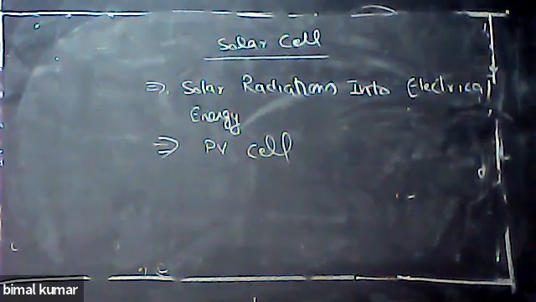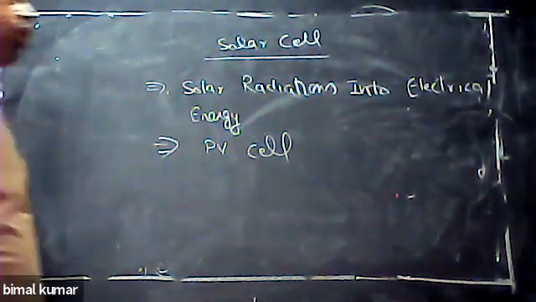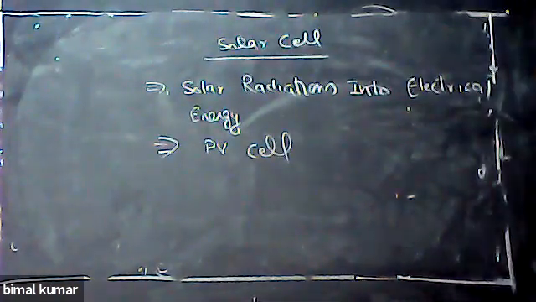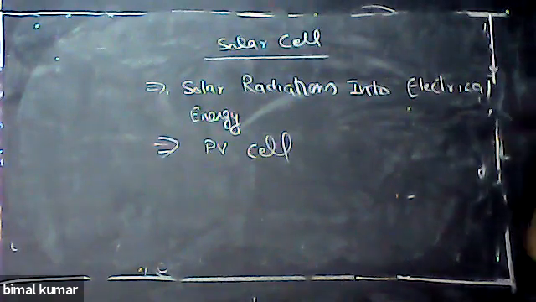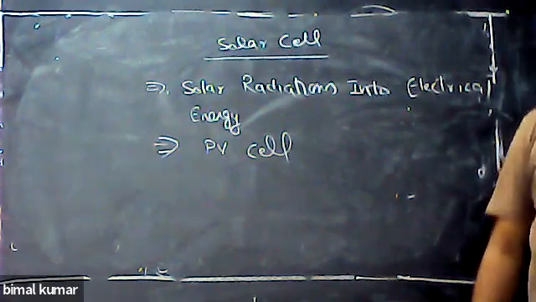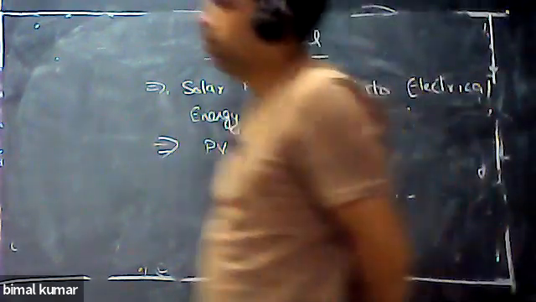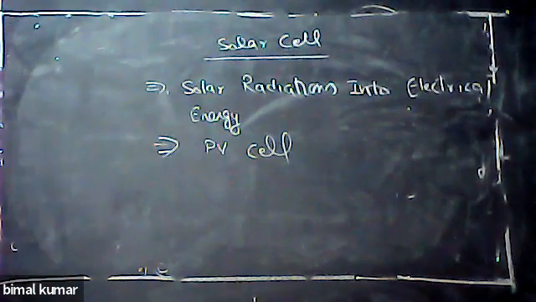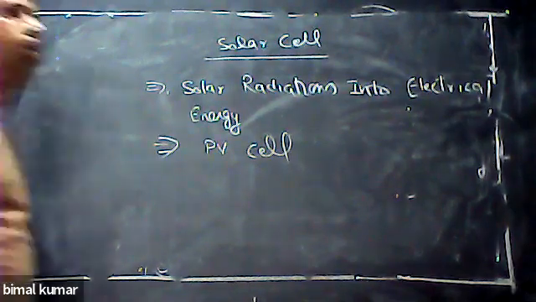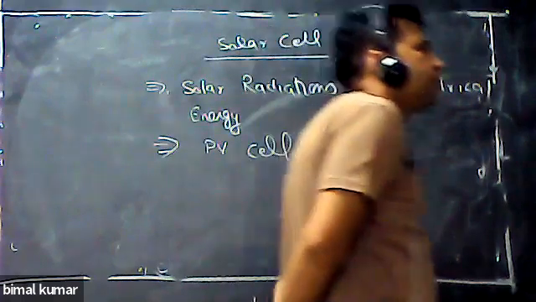And then after that, that AC may be utilized to operate any of our home appliances, right? And the output of the solar cell is very small, right?